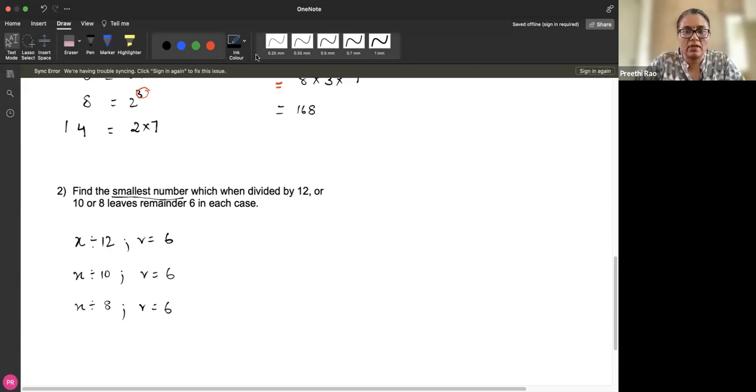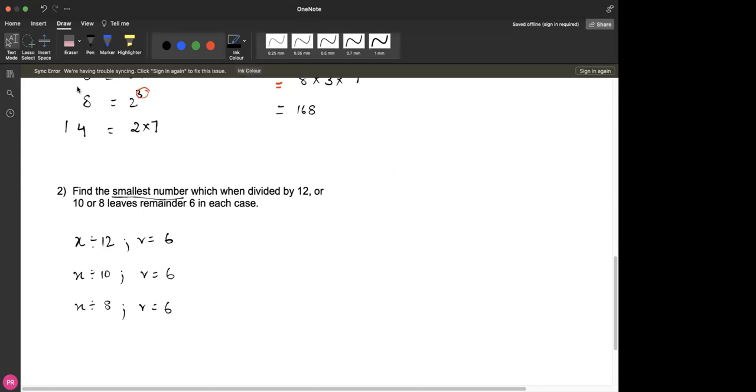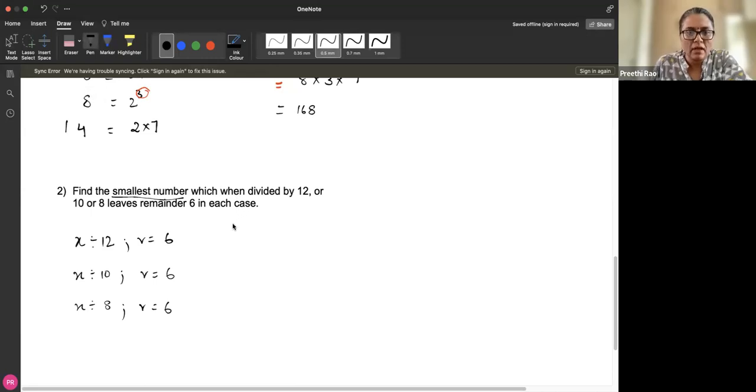Okay, let's try and solve it. So we have a number which when divided by 12, 10 and 8 always gives the same remainder. But we know that if we have a common multiple of 12, 10 and 8, the LCM, what will be the remainder when I divide it by 12?